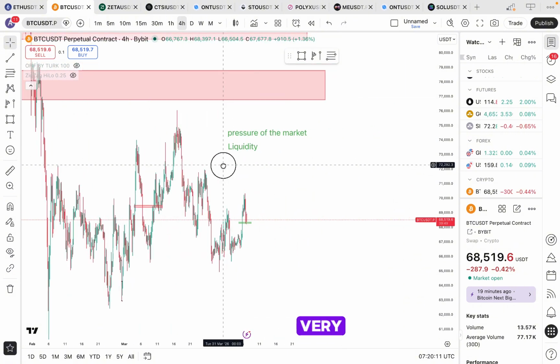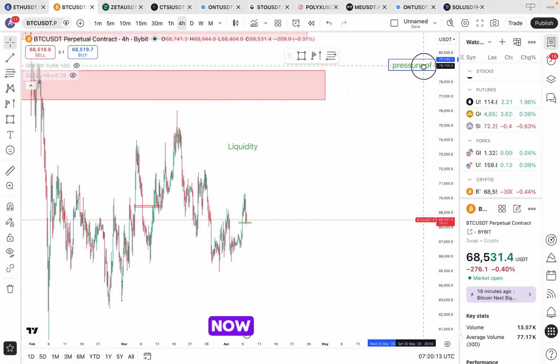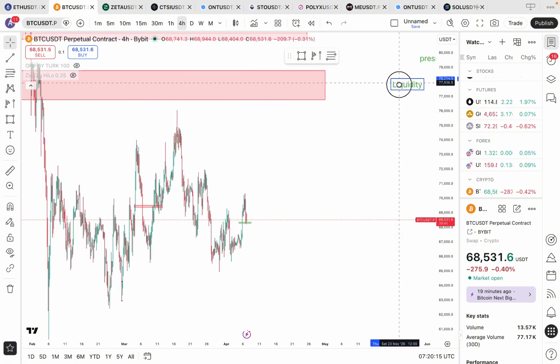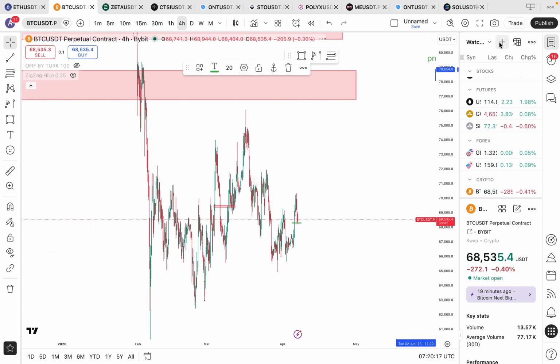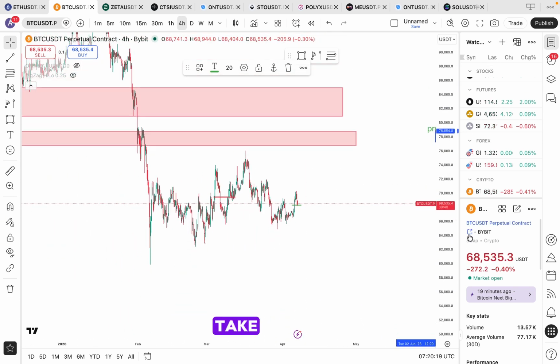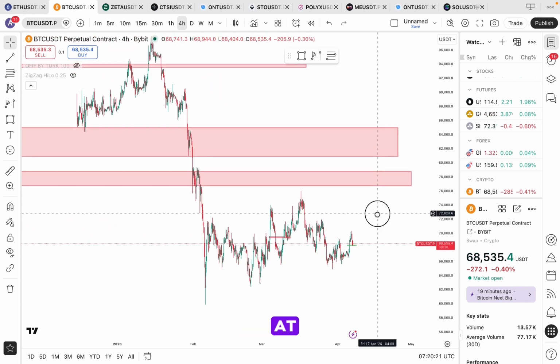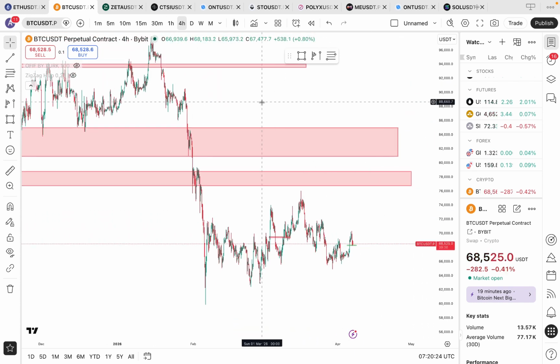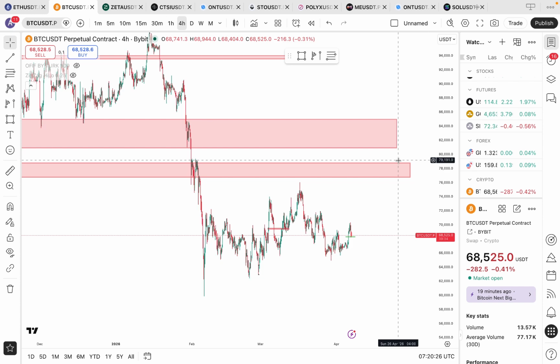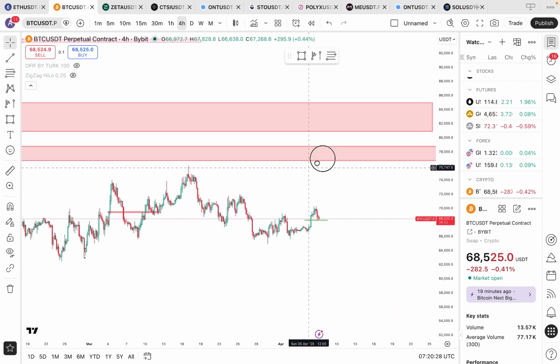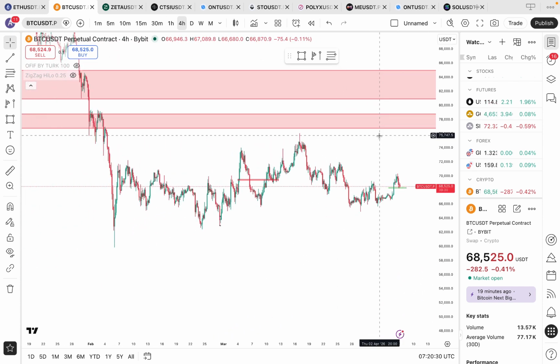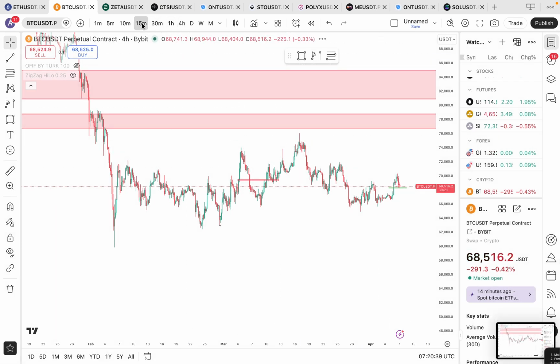Now let me move this to the side and take the screenshot of BTC at 4 hours. Let me take this screenshot. Then I'll take it at 15 minutes.